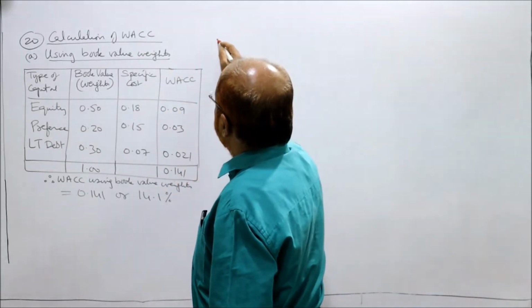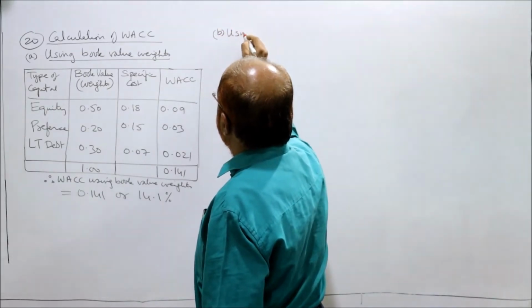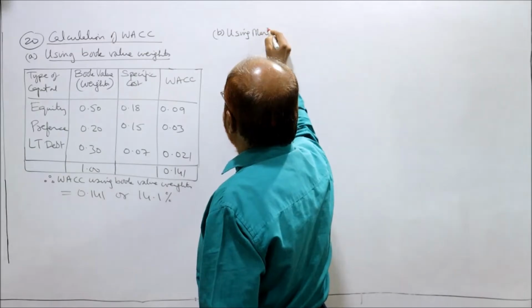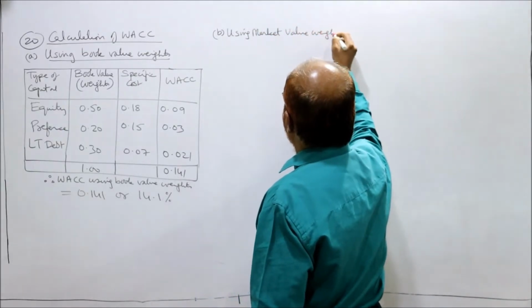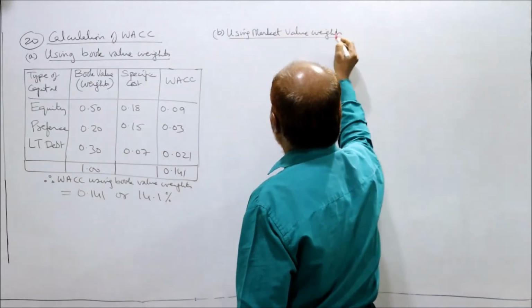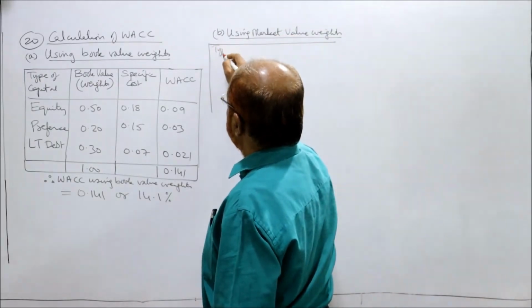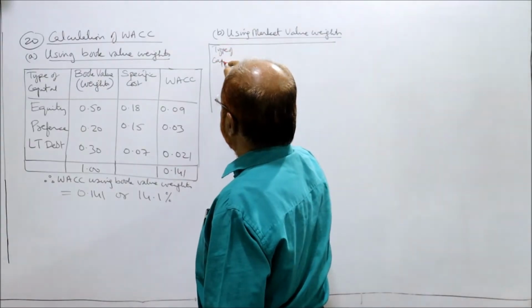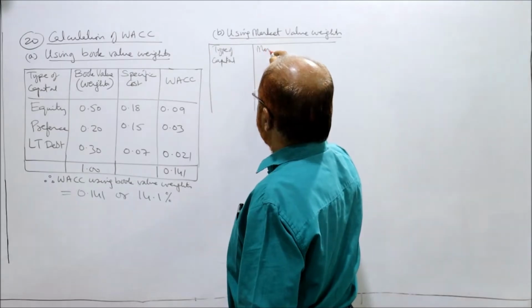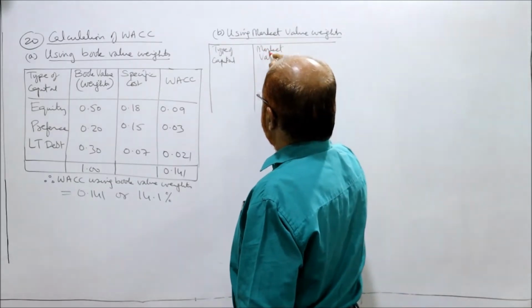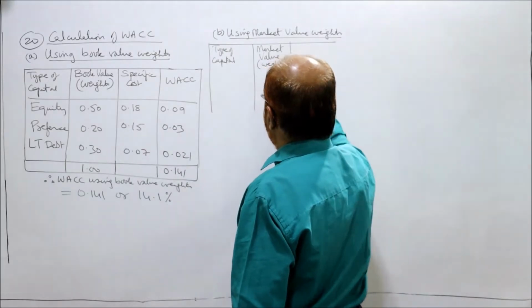Now B, using market value weights. Type of capital. Market value weights.